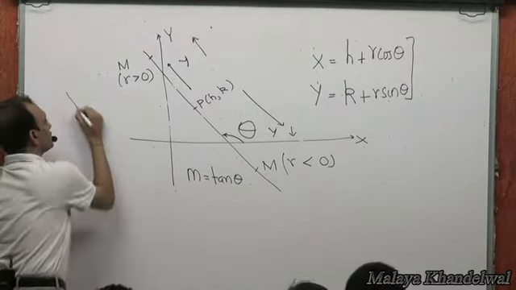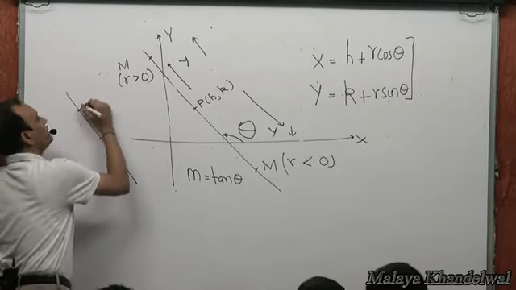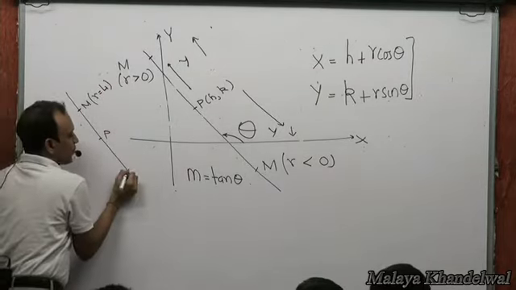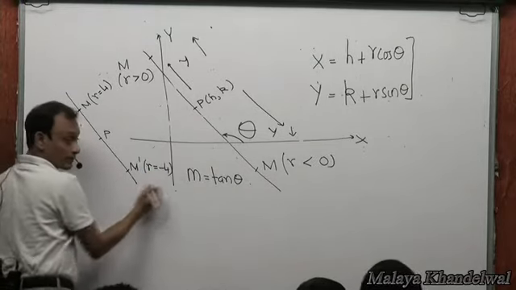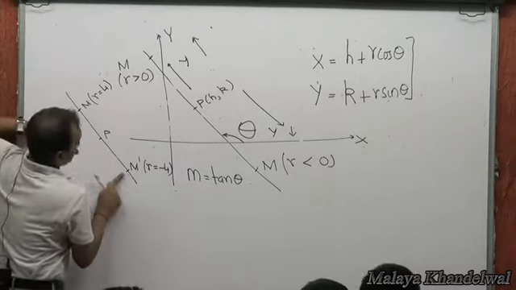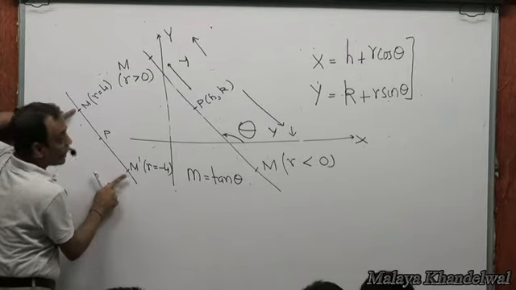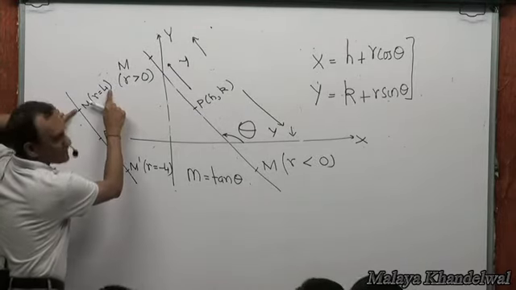So which means, if there is a fixed point P here, and a point M here, the r of this point, let's say, is 4. There is a point M prime here, the r of this point would then be minus 4, say. Realize that these points M and M prime are equidistant from P. The distance of M from P is mod 4.